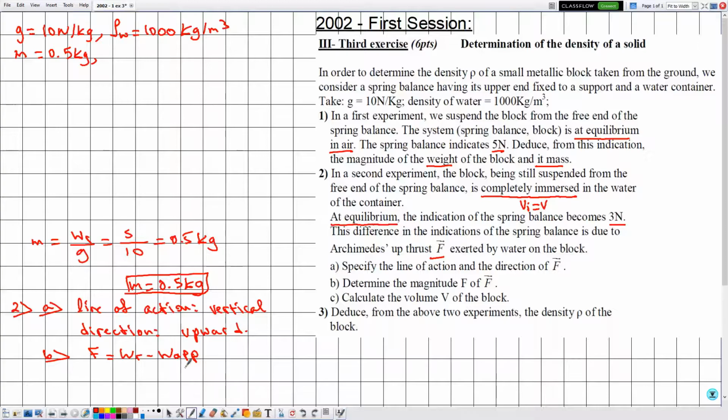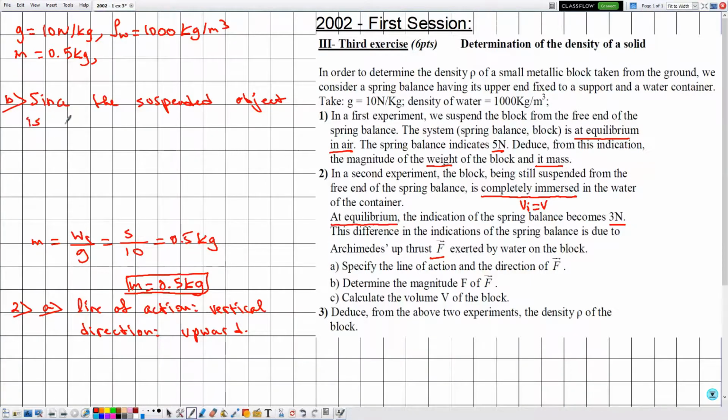So let's say, since the suspended object, so let me say that this is part B. Let me erase this.